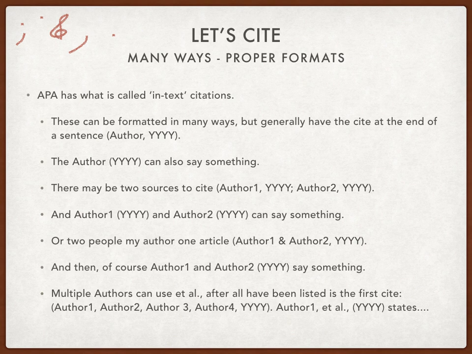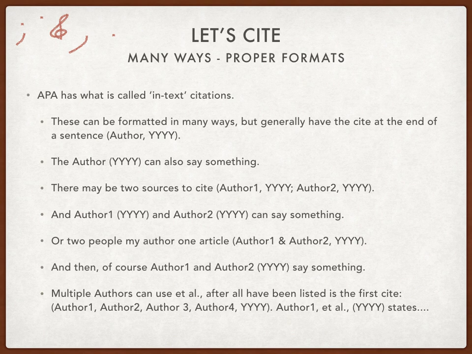You may read a couple of articles and you're bringing some thoughts together. So how do you cite that from two sources? Well, it's author 1, comma, the year, semicolon, author 2, comma, the year, in that parentheses, and there's the period. And then again, you can also put them in the sentence and use it the same way as the one author.